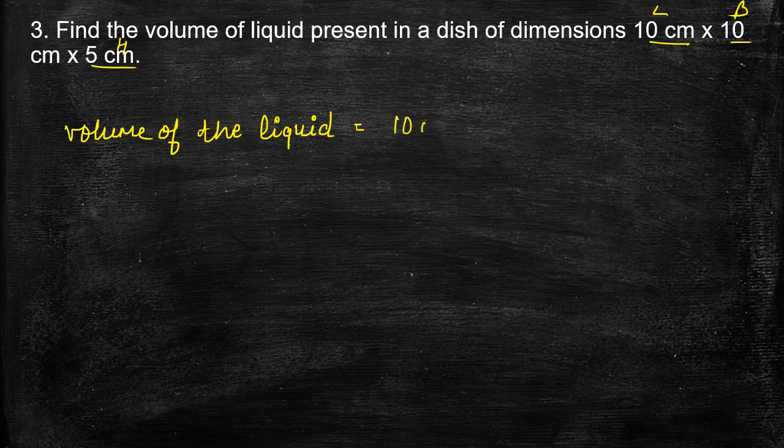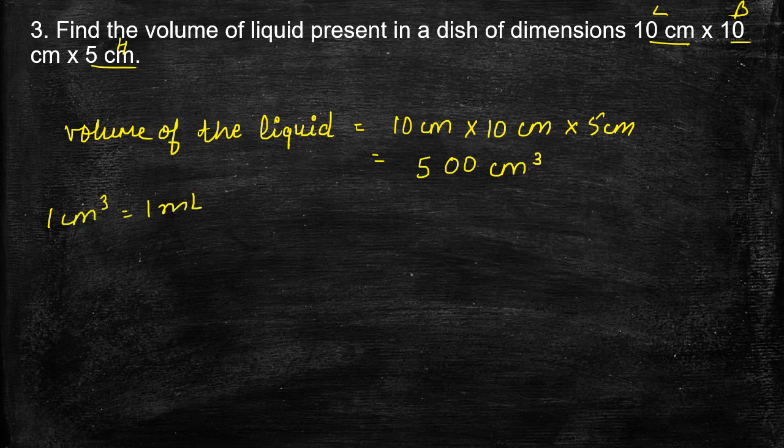So 10 centimeter into 10 centimeter into 5 centimeter, which will be equals to 500 centimeter cube. And we know that 1 centimeter cube is equals to 1 milliliter. So we can also write this answer as 500 milliliter, because both centimeter cube and milliliter are same. So we can also write milliliter in place of centimeter cube.